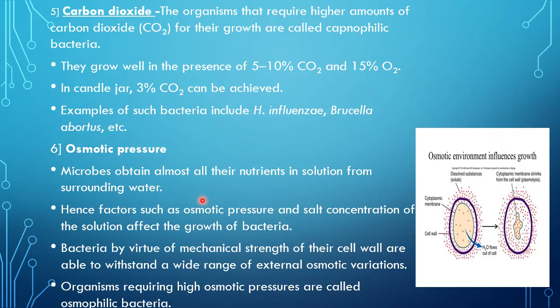Now, microbes obtain almost all the nutrients in solution from the surrounding water. Almost all of the nutrients and minerals which they require, they get from outside through water. Hence, factors such as osmotic pressure and salt concentration of the solution affect the growth of bacteria.